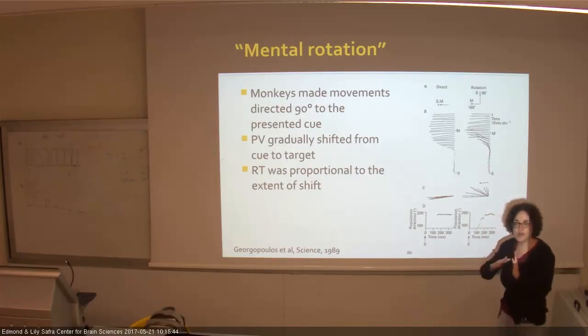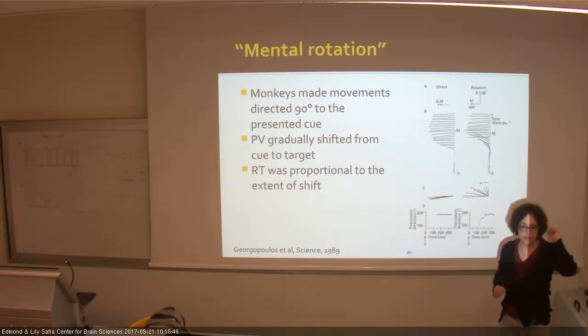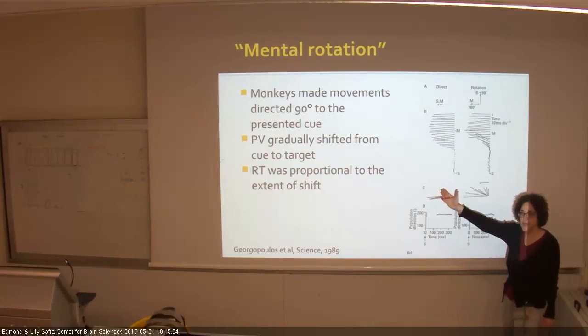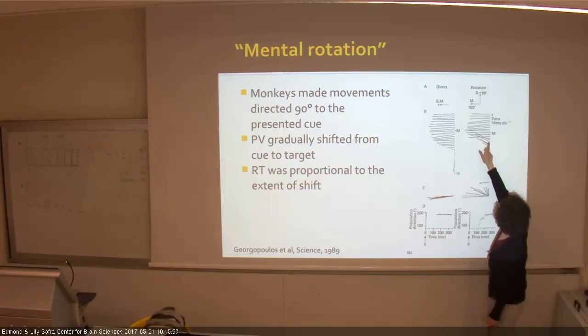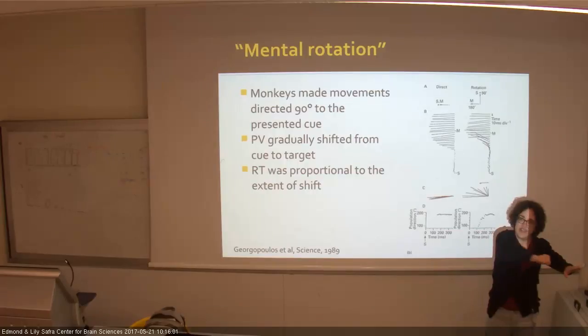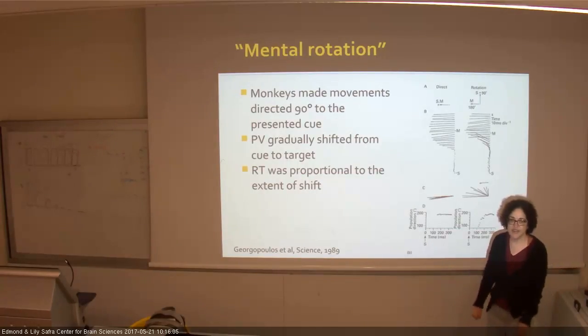However, when there was an angular separation between the cue and the movement, the population vector started by pointing to the cue, and then during the trial, the population vector rotated and pointed to the movement. You see it in the movement? No, because there is no movement at this time.